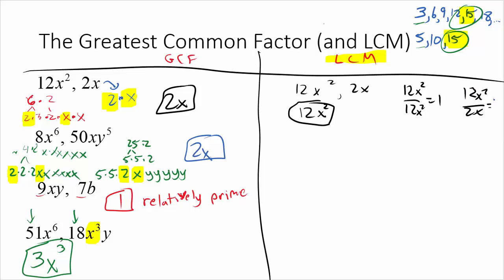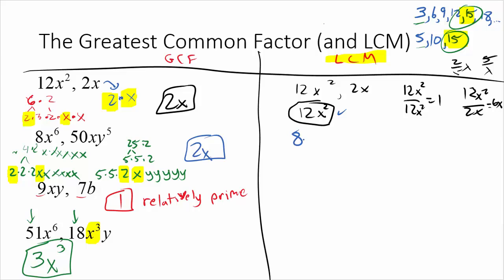And then 12 over 2 is 6. x squared over x should be a 6x here. So you can see we didn't get something like 5 divided by x, or 2/5 x. It all came out to be a nice even integer for the number on the top, and there were no variables on the bottom. Okay, so 12x squared is our least common multiple here. That one should be good.